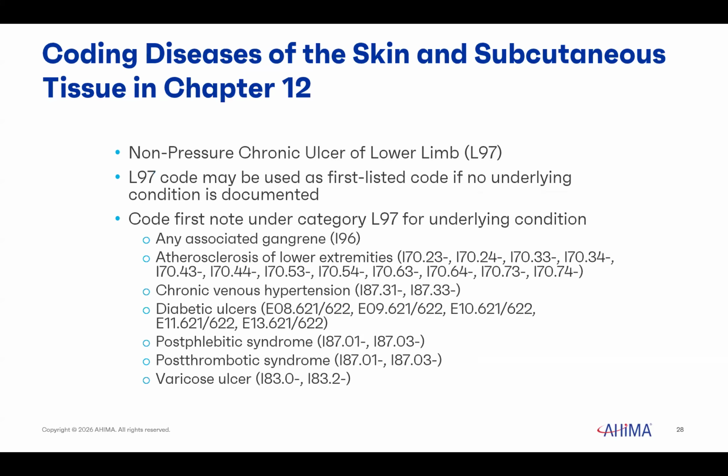Now we have the non-pressure ulcers of the lower limbs, going from L97 to L98. And again, like the pressure ulcers, we want to make sure that we code any associated gangrene, atherosclerosis, chronic venous hypertension, diabetic ulcers, postphlebitic syndromes, post-thrombotic syndromes, and varicose ulcers.